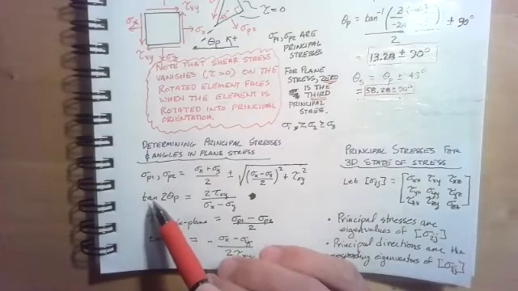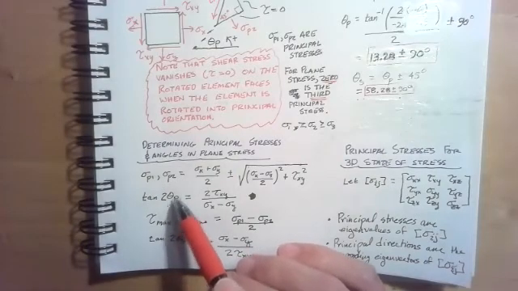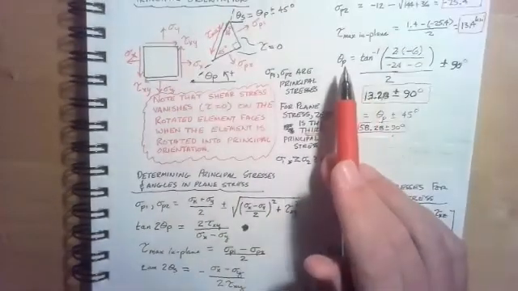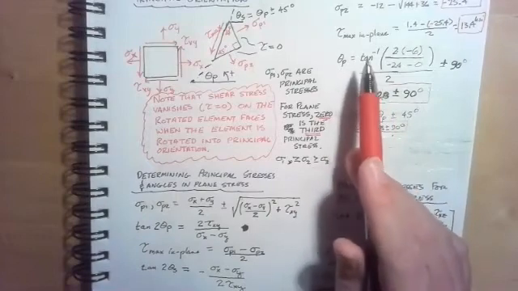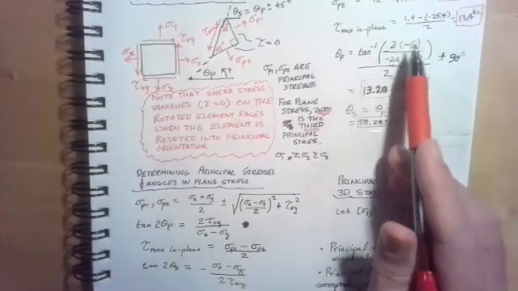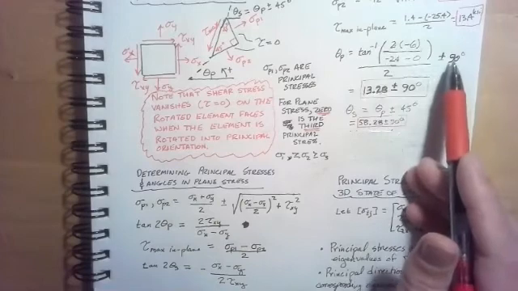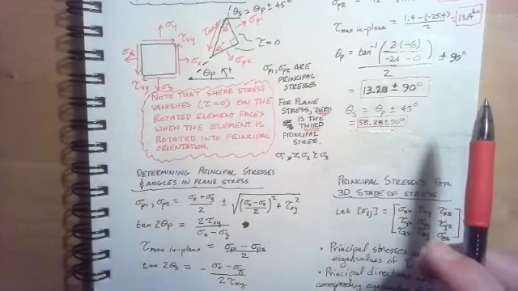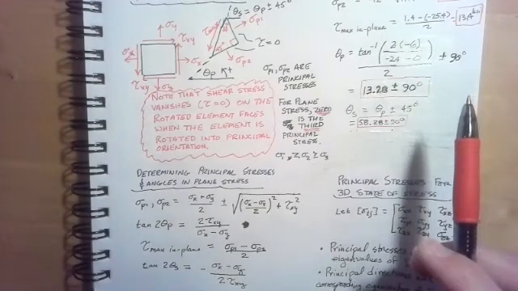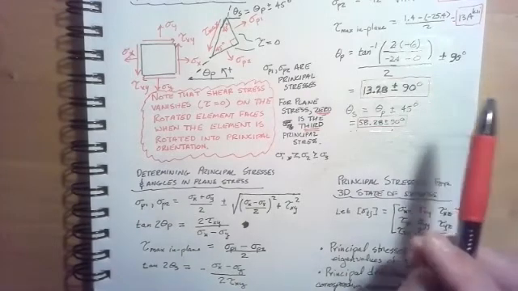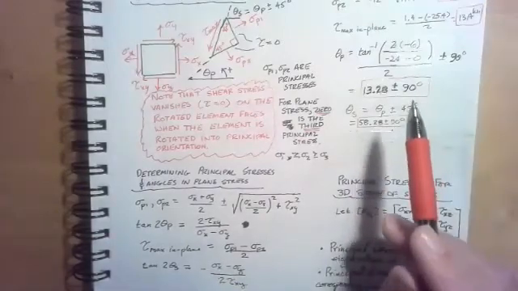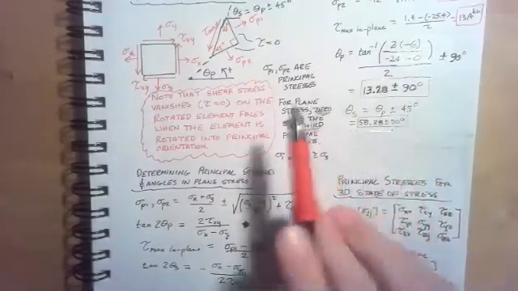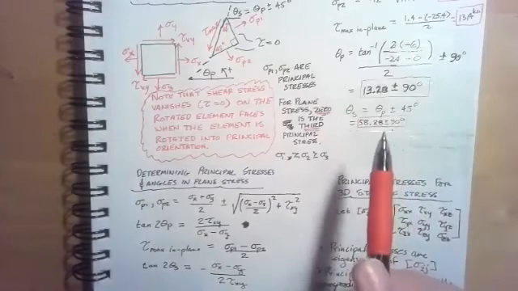So we have to do an inverse tangent to solve for theta P. And when we do that, we end up with theta P equals tangent inverse of this quantity divided by 2, and then we would add plus or minus 90. All the 90 degrees does is it just flips the x and y subscripts, or the x prime and y prime subscripts, whenever we're doing a rotation of an element. And we'll see that later on.